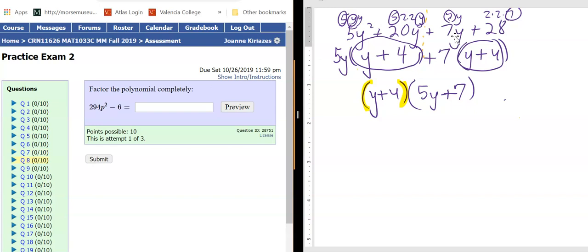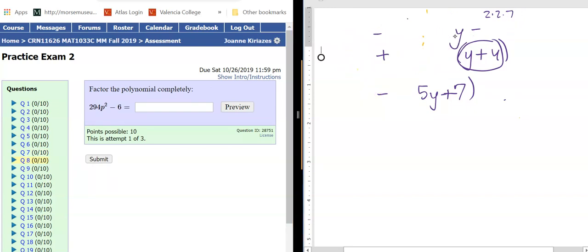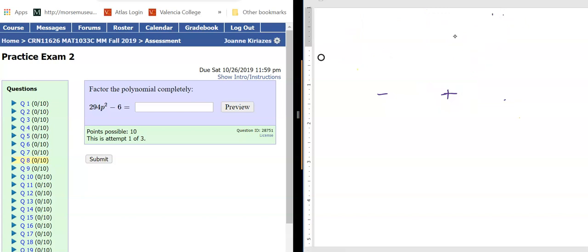Number 8, factor the polynomial completely. Okay, so we have a polynomial with 2 terms. Any polynomial that we want to factor, we always want to start the same way, which is greatest common factor. You can use your calculator to see what the divisibility rules are. For this one, I probably would instead just try a 2 and see where that gets me.